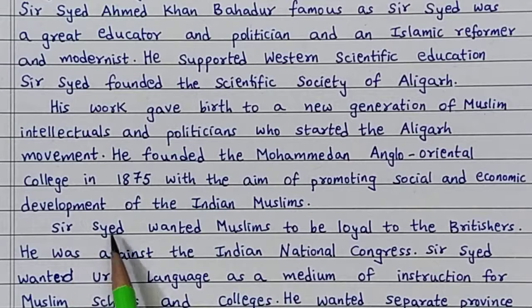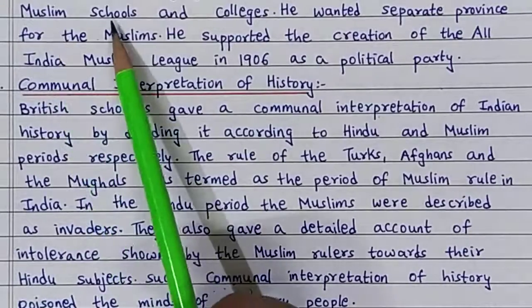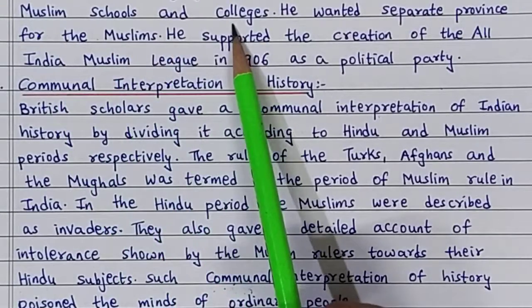Sir Syed wanted Muslims to be loyal to the Britishers. He was against the Indian National Congress. Sir Syed wanted the Urdu language as a medium of instruction for Muslim schools and colleges.